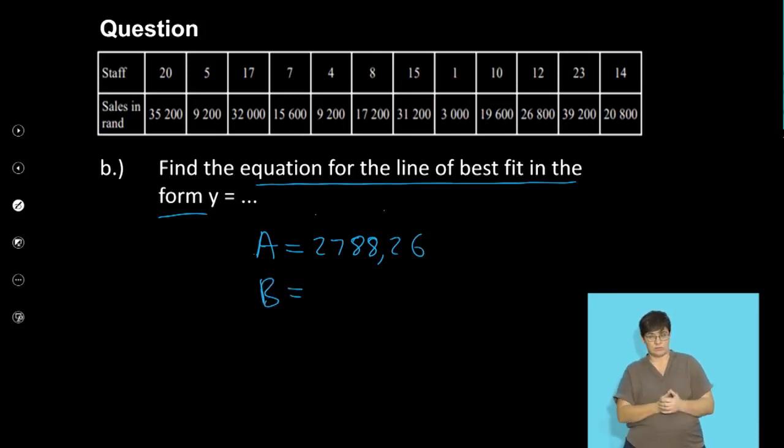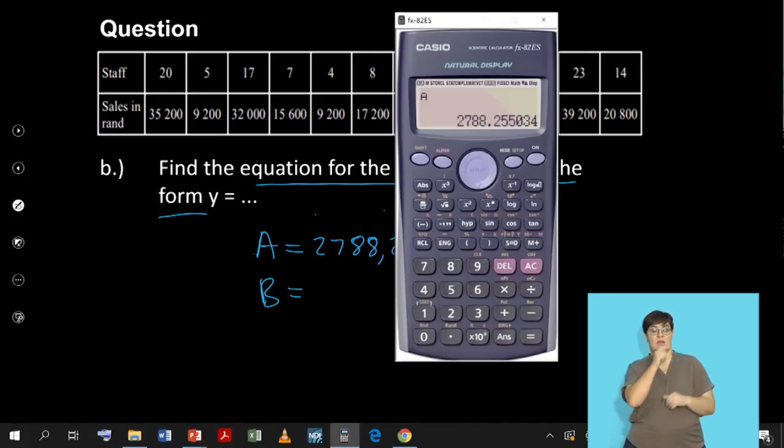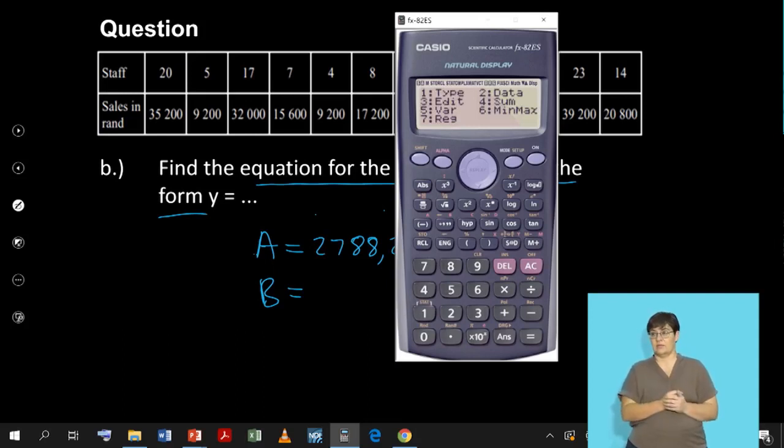The B value, still using my calculator. I go shift 1 again. Regression 7, and I want the B value, which is 2, equal.